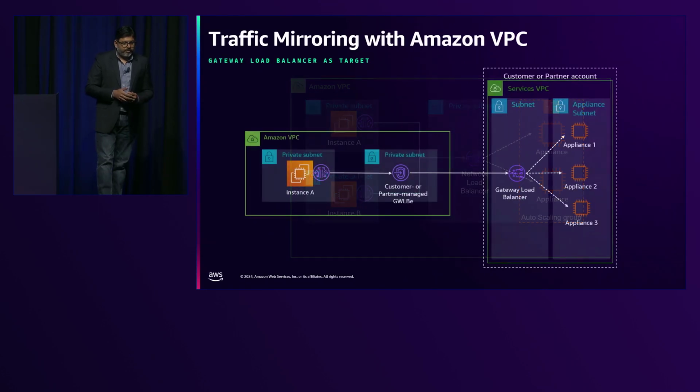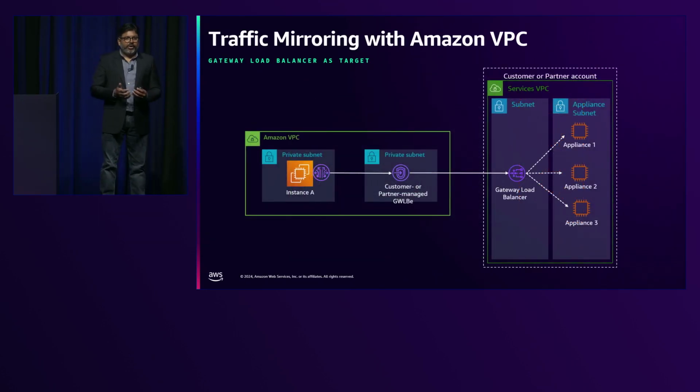And we have customers who want to use third-party appliances as well. For those users, you can put your appliances behind a gateway load balancer and use the gateway load balancer endpoints to send your traffic.